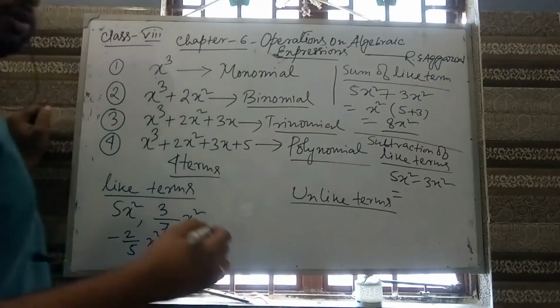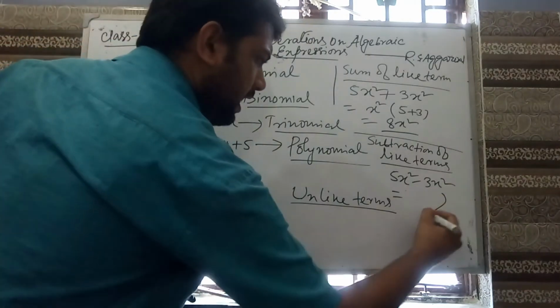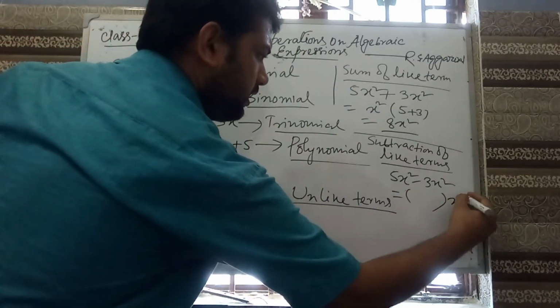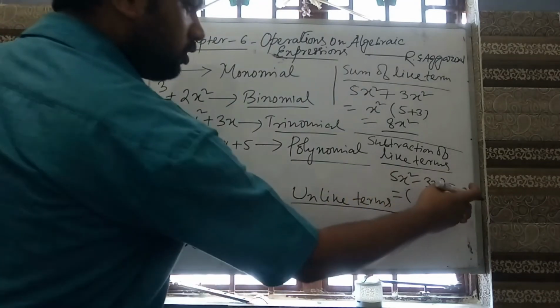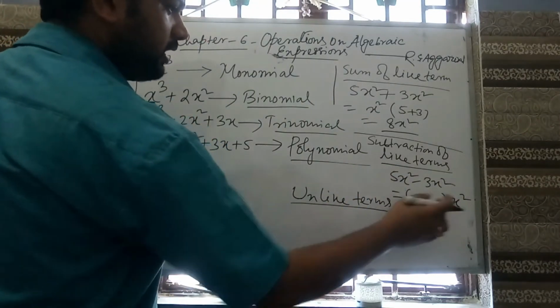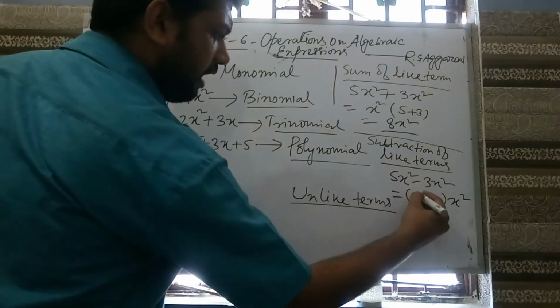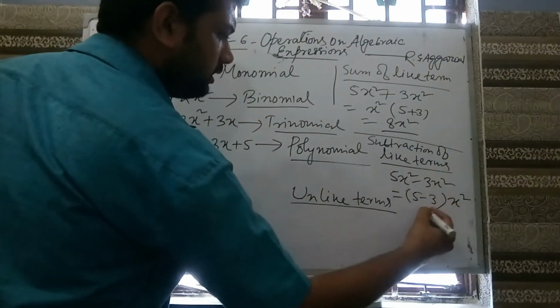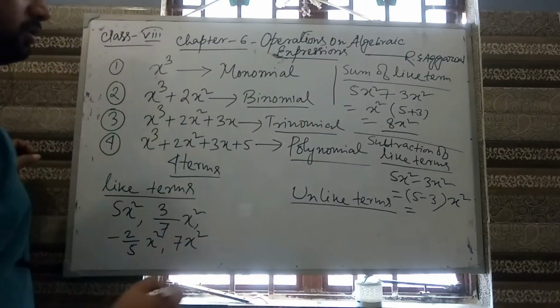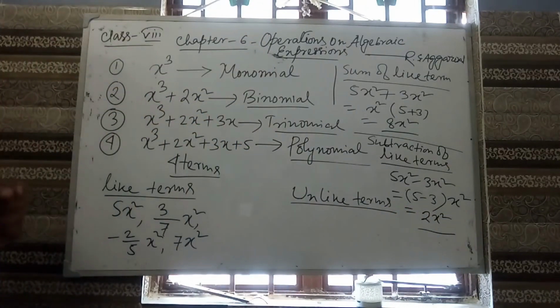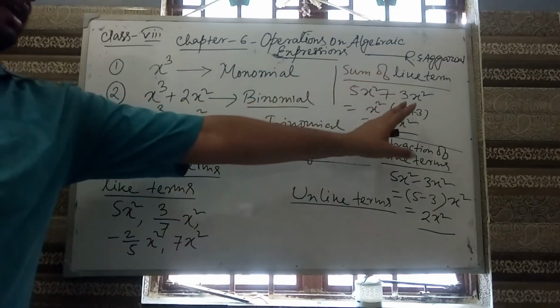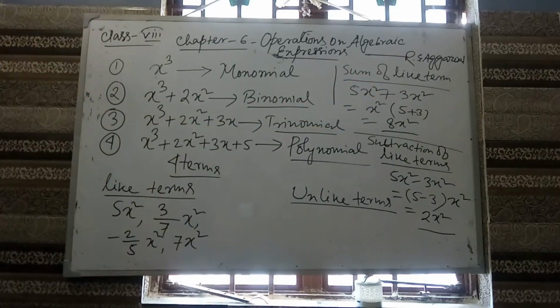We will take x square common. So I am writing x square here and there we are putting a bracket. We have taken x square common and we have written it at the end. So we are left with here 5, here minus 3. 5 minus 3 gives you 2. So it will be 2x square. So you see that subtraction and addition of like terms are possible.